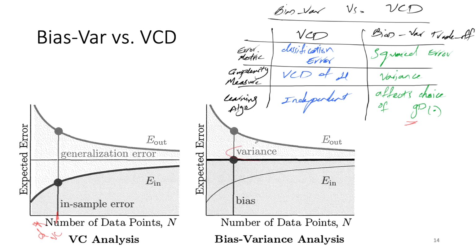And here in this case, we define it using variance and bias to define the delta x, right? Is that clear?